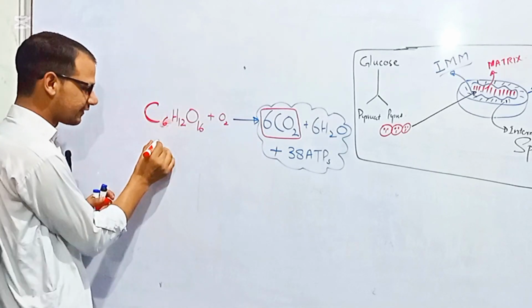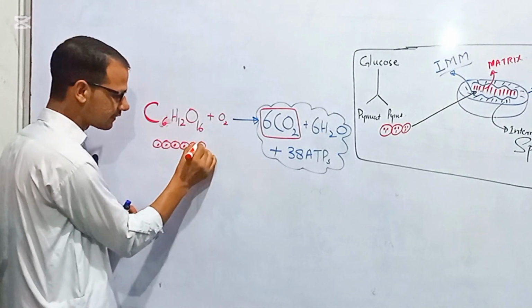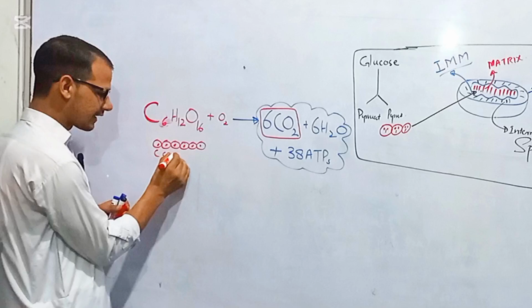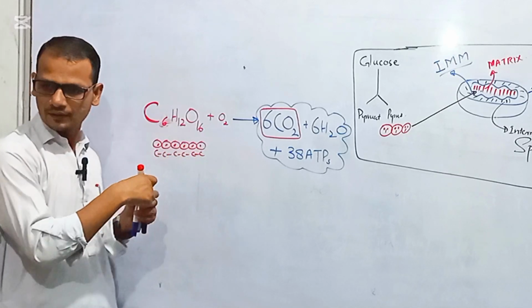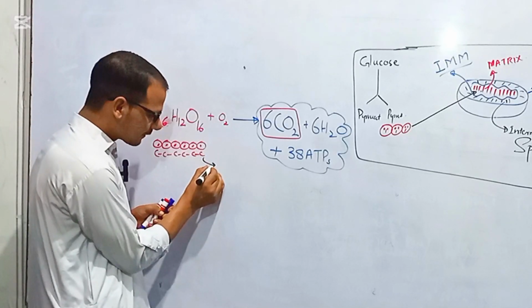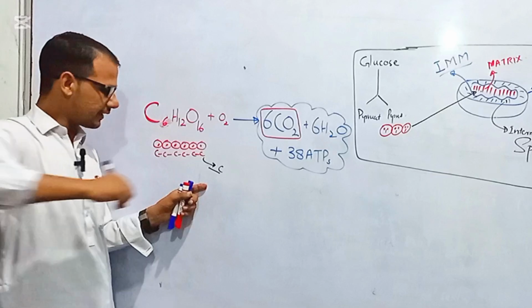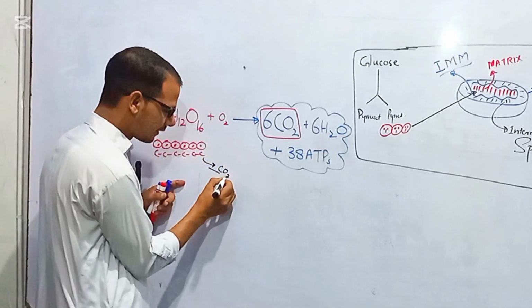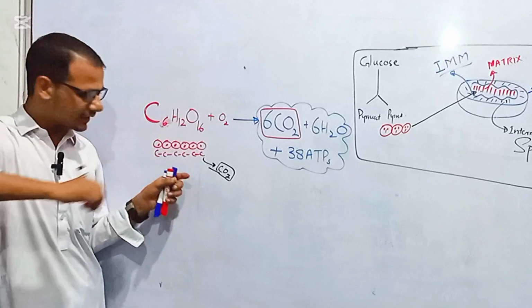For example, this is 1 2 3 4 5 6. 6 carbons are here. This is called the carbon skeleton, right? So for example, this carbon is excreted. This is called a decarboxylation reaction, and on the way two oxygens will react with this and form carbon dioxide.